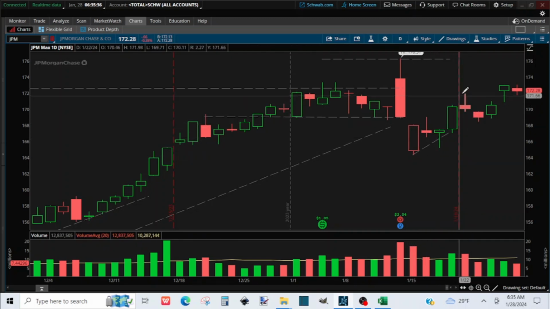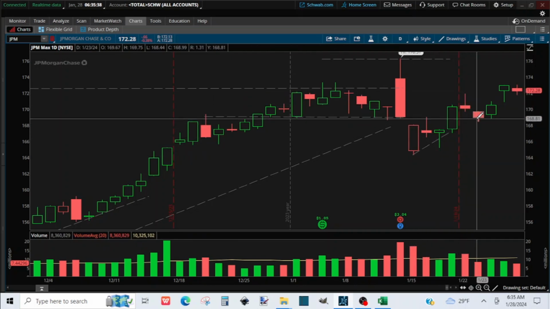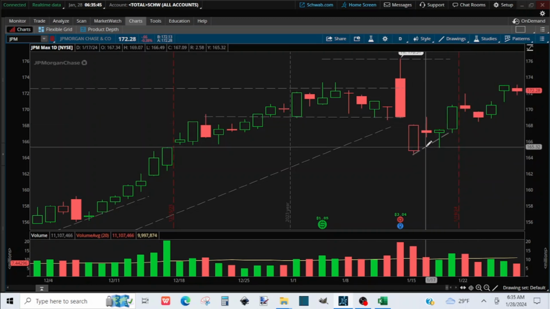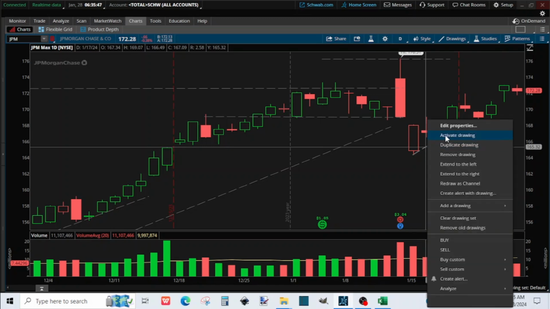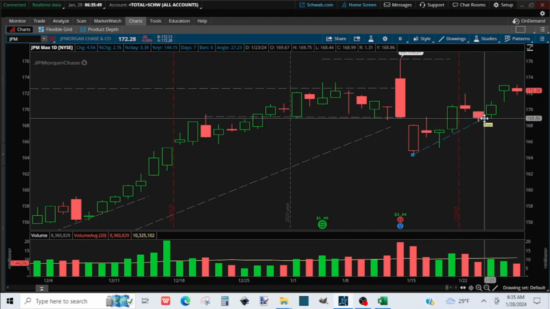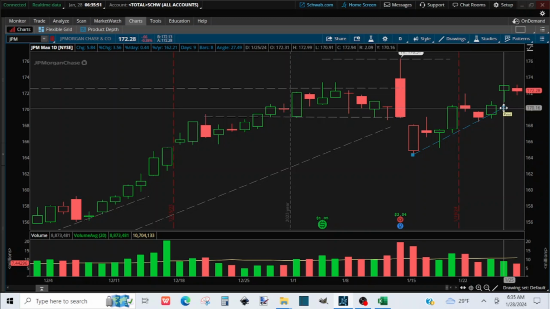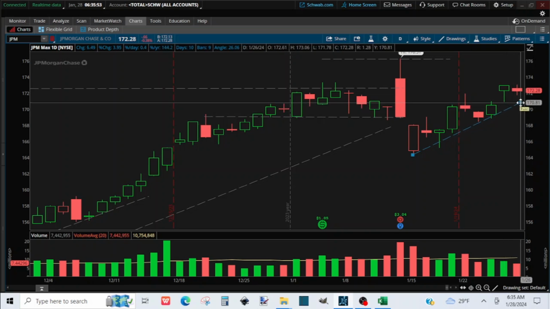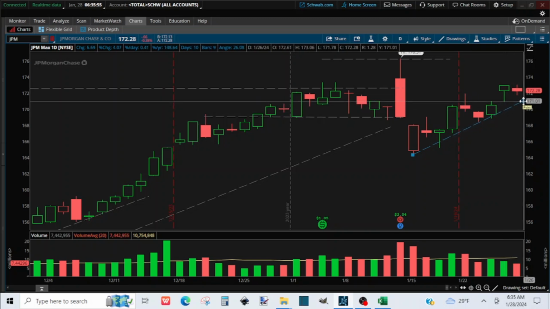So it went up, went down, and then went up. So I'm going to use this low. It is higher than this low, so I'm going to use it, and touching those two points, I'm going to extend my line.